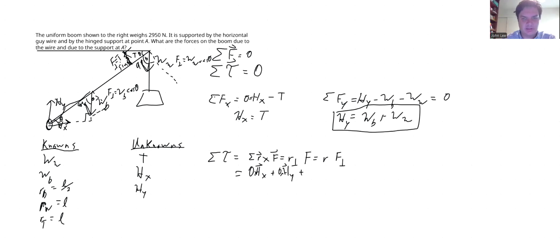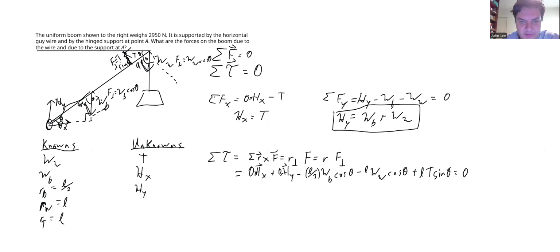Minus L over 2 times weight of the beam cosine theta minus L times weight of the weight cosine theta plus L times tension sine of theta, which is going to be equal to 0.